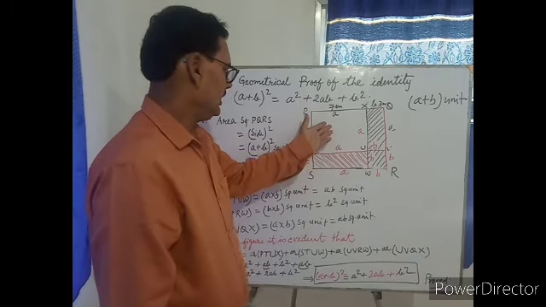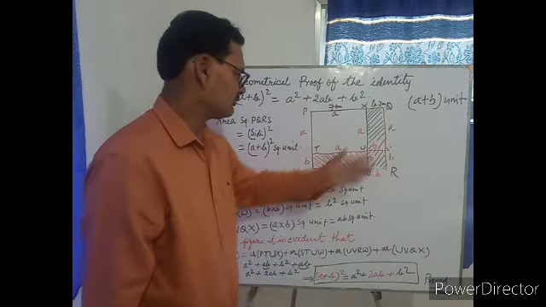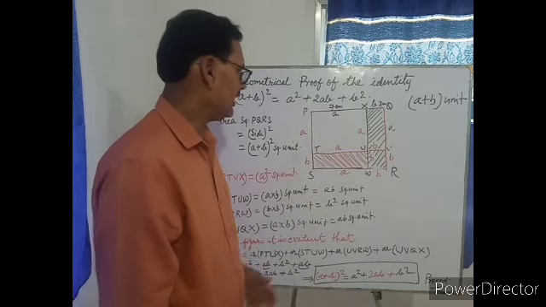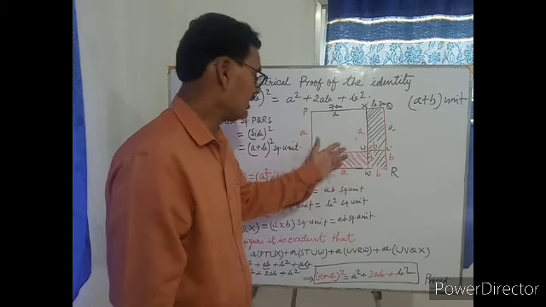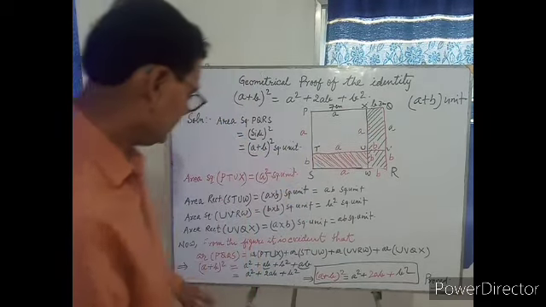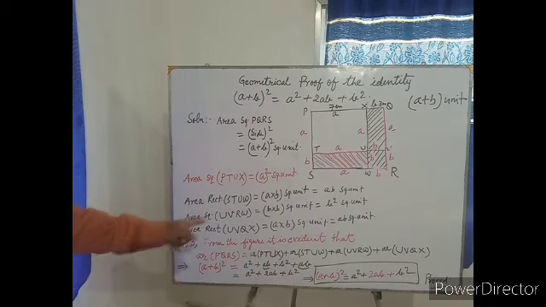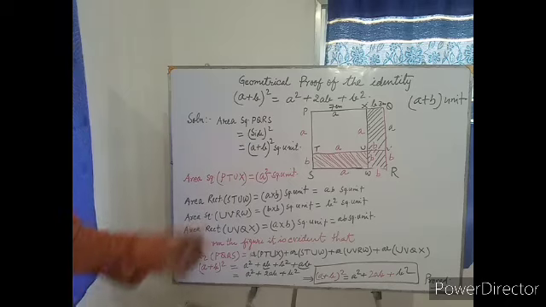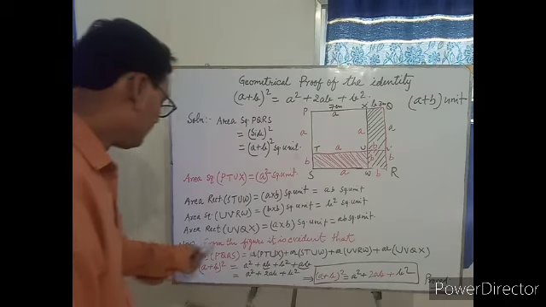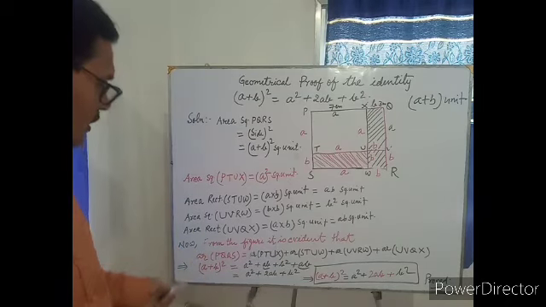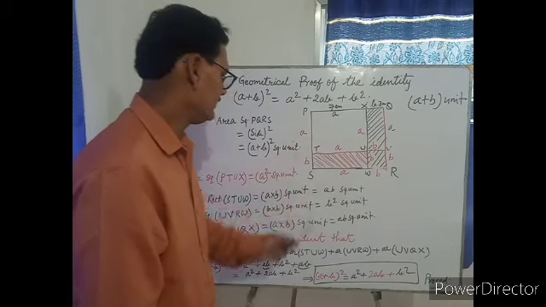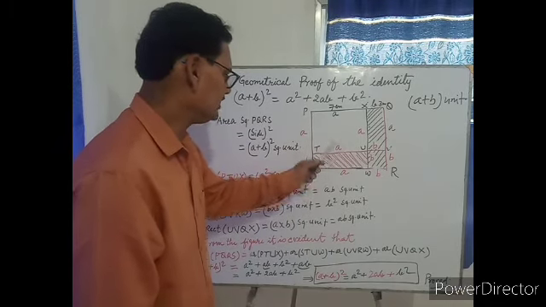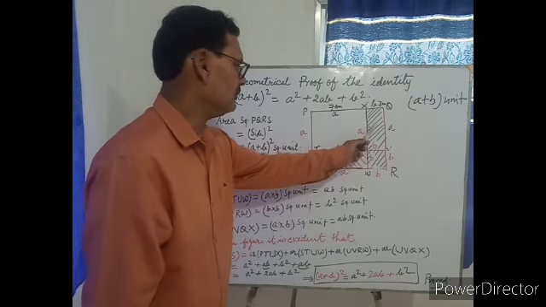This is a square unit, this is b square unit, this is ab square unit, and this is ab square unit. Now from the figure it is evident that area PQRS is equal to area of this plus area of this plus area of this plus area of this.